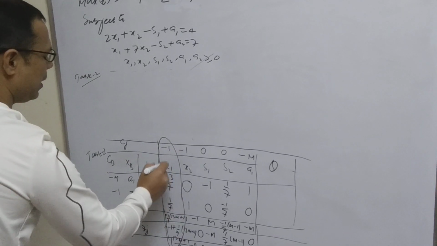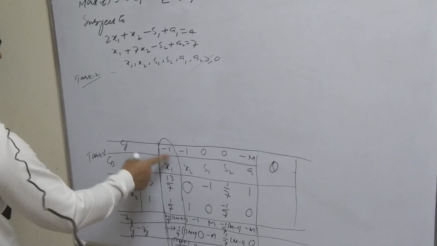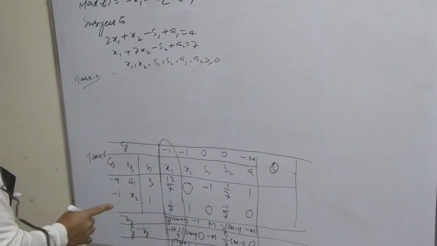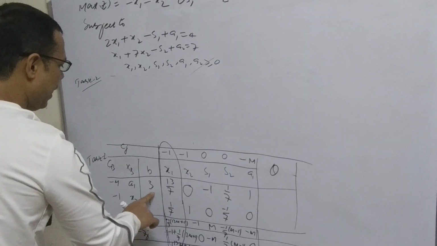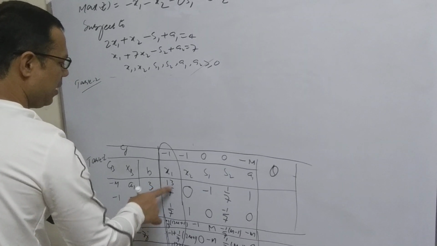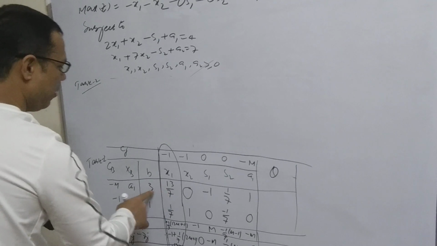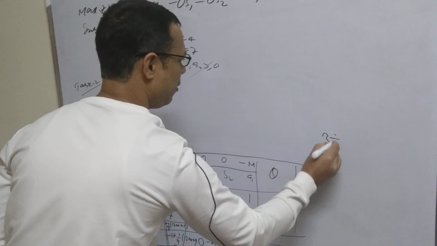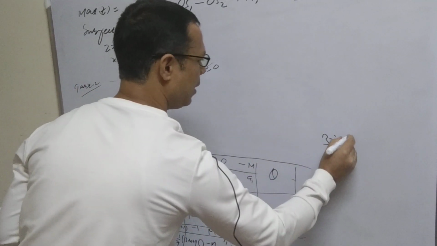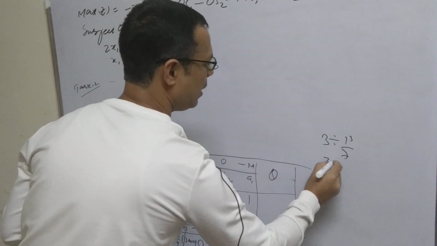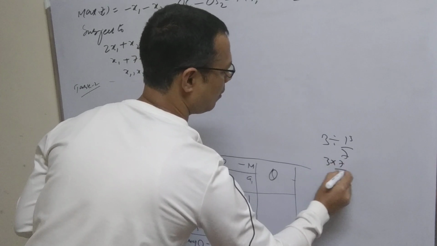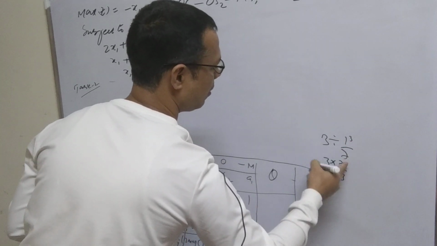So we will get x1 is going to enter into the basis, and which variable is going to leave the basis, it will give the result of this ratio. It means we need to divide b by its respective key column element. It means 3 divided by 13 by 7. So you can change this one in reciprocal order, 7 by 13.